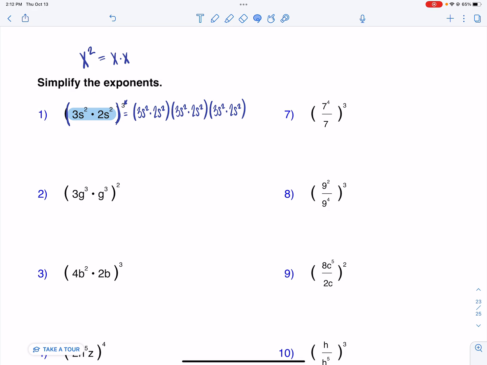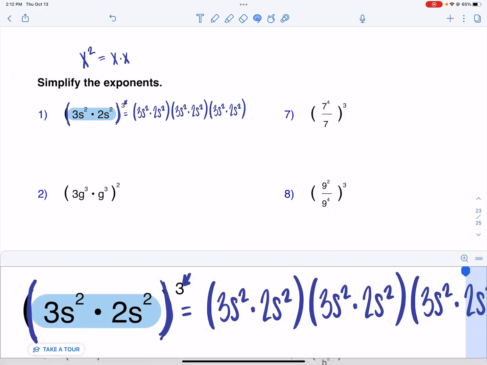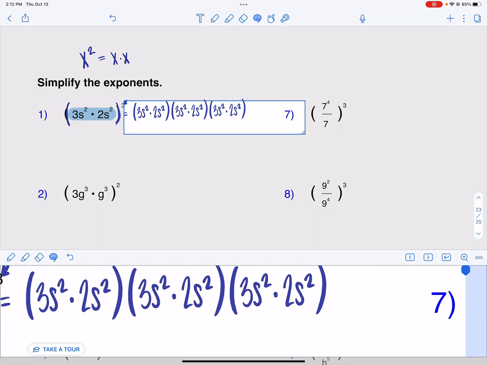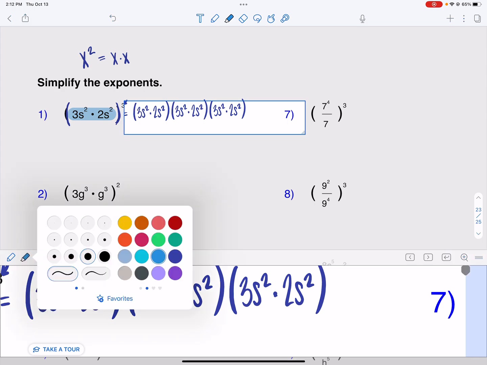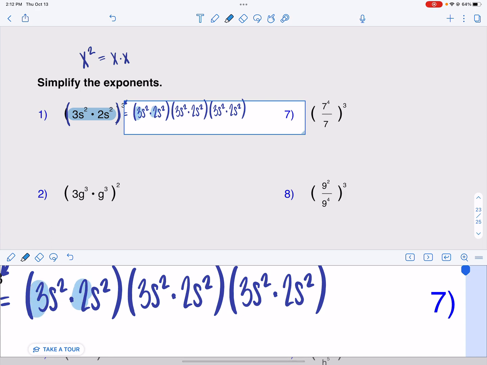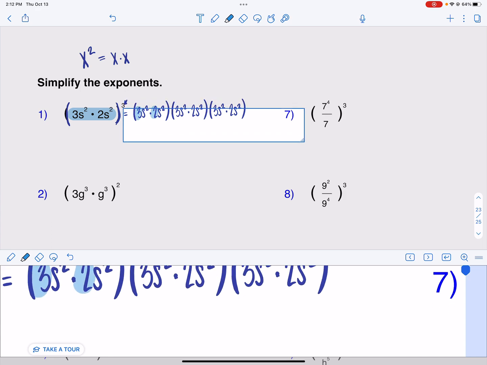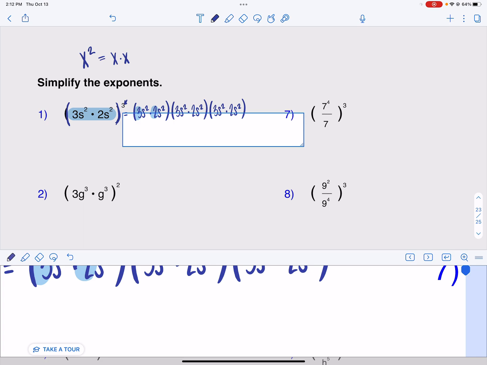So I write everything in the parentheses 3 times. So I'm going to do a little bit of simplifying. When we multiplied like bases, we took the coefficients of those bases and multiplied them together. So that's what I'm going to do inside each set of parentheses.